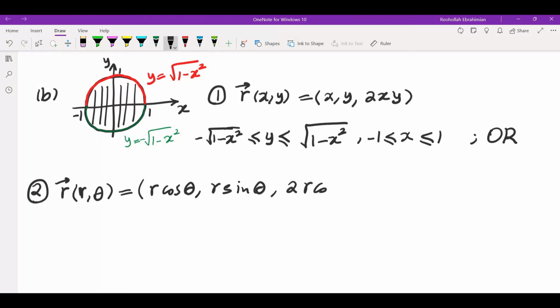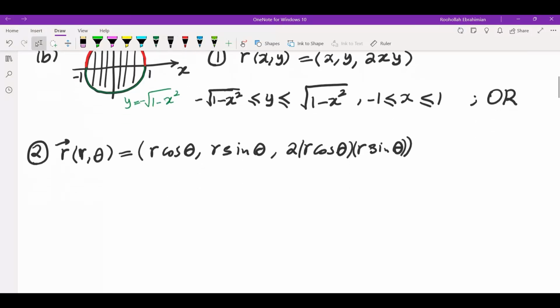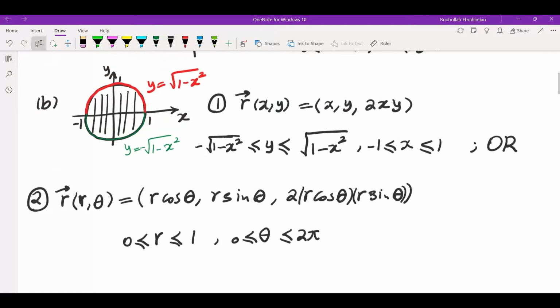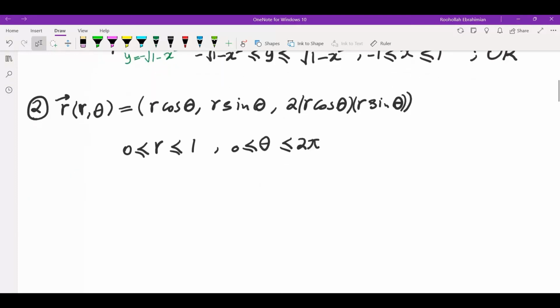So it would be 2 r cosine theta r sine theta. And of course, I'll have to specify the limits of our parameters. So r is between 0 and 1 because it is the unit circle, and theta is between 0 and 2 pi. So what we got so far were two examples that were both graphs of functions.